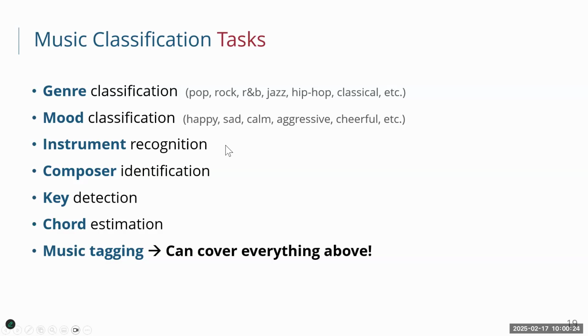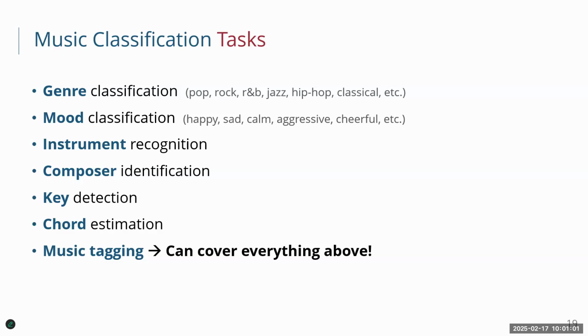And maybe you also have a tag for a cello plus violin-ish thing, and maybe a tag for composers. So music tagging is just a catch-all thing where you have everything as tags and you sort of want to do all of it at the same time. So these are all music classification tasks, and most of the time it depends on what data set you have. There are some existing public data sets, but to be honest, if you want to do real stuff, you will have to have access to a bigger music catalog or corpus.